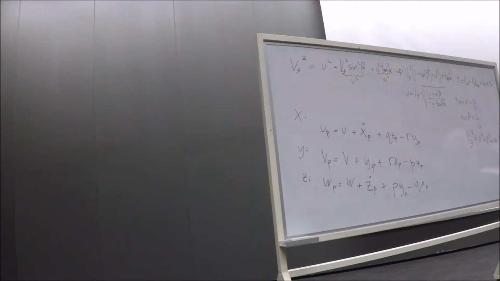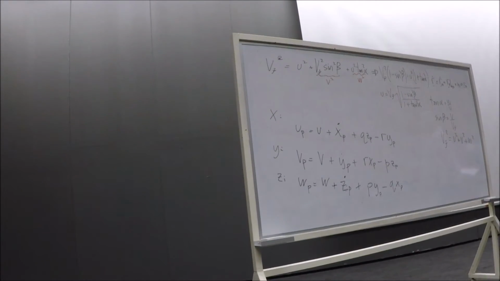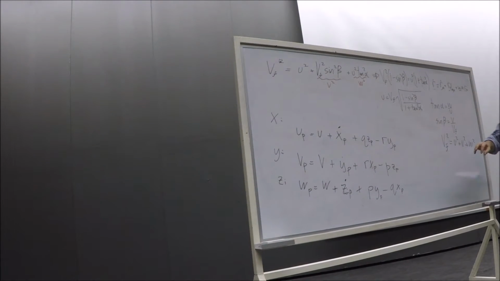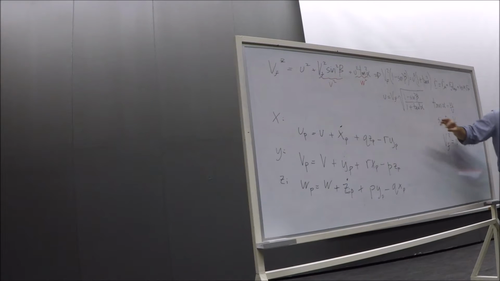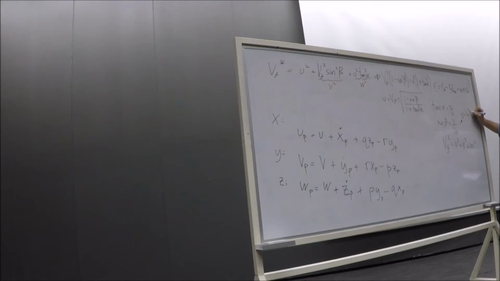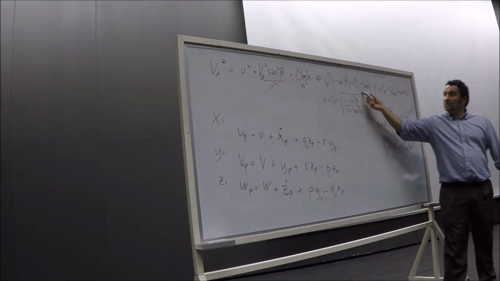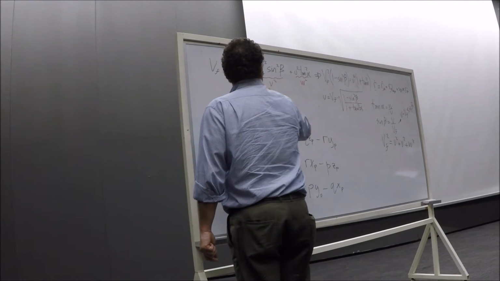Okay. Everybody following? So, what we need to do now is to simply substitute the values for u, v, and w. v is Vf sine beta, and w is equal to u tan alpha.